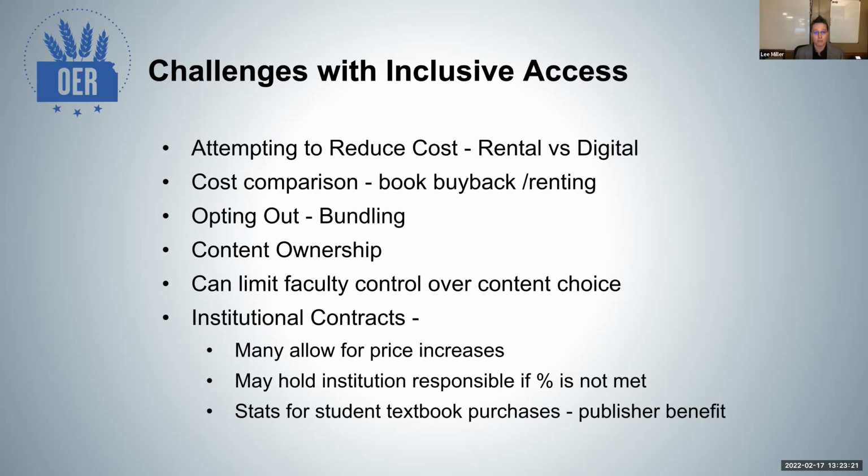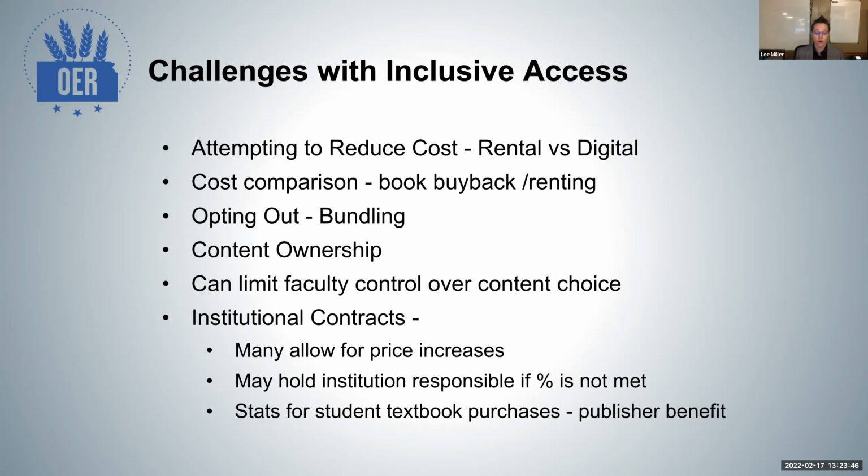The reason publishers can provide a reduced cost for these inclusive access programs is because they are depending on a high quantity of these digital textbooks being sold. So a lot of times in those agreements, they will have a certain percentage that needs to be met. And so if students do opt out, the institution may be held responsible for whatever isn't met.